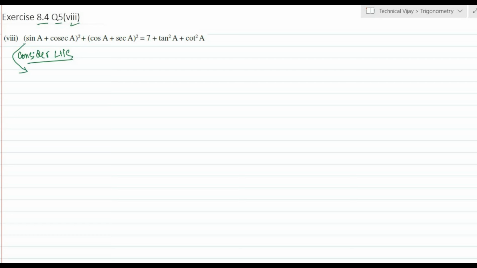A plus B whole square is equal to sin square A plus cosec square A plus 2 sin A into cosec A. Then plus this one, this is also the A plus B whole square formula. So here cos square A plus sec square A plus 2 into cos A into sec A.